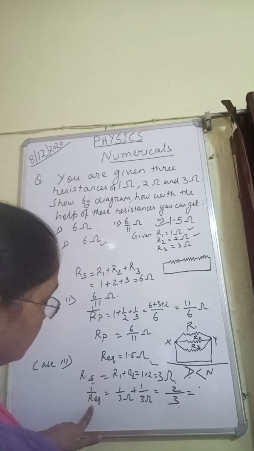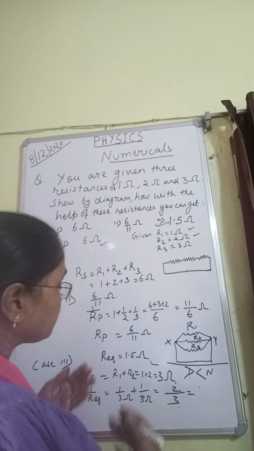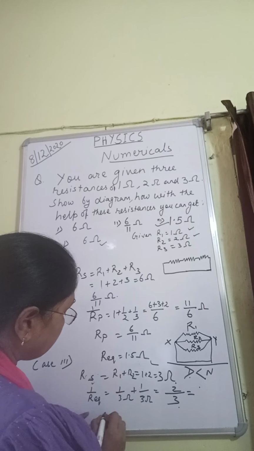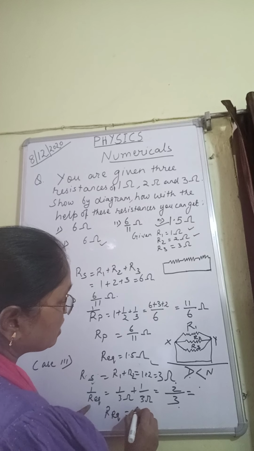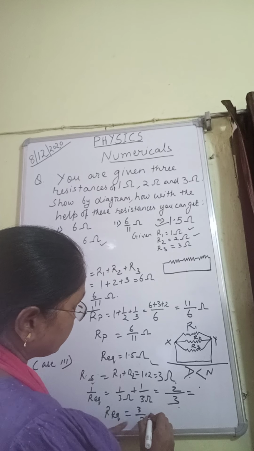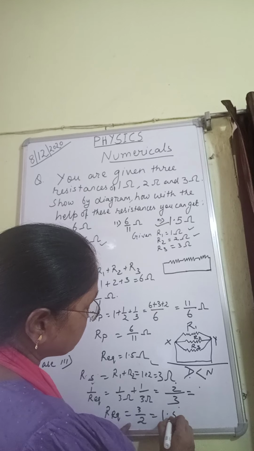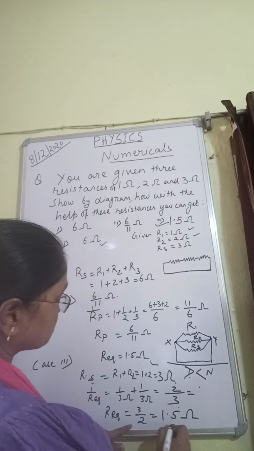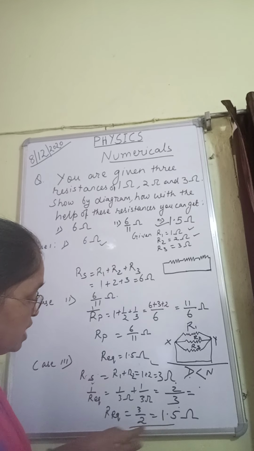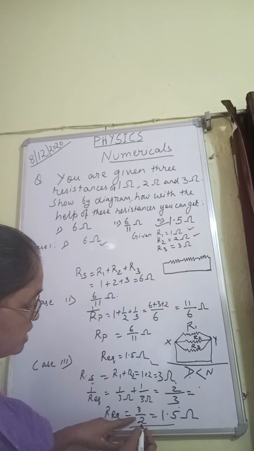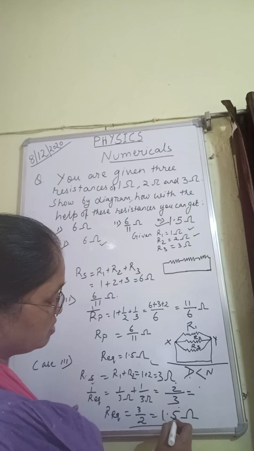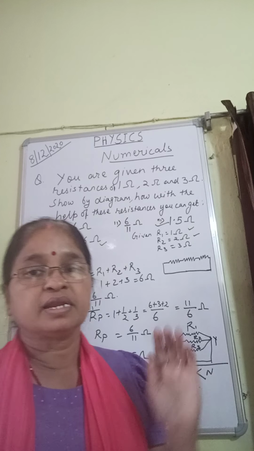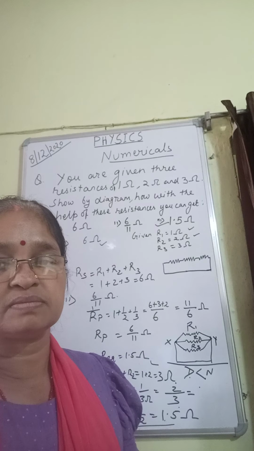It is parallel, so reverse it. By reversing, you will get R equivalent is equal to 3 by 2, that is 1.5 ohm. So the answer we have got is 1.5 ohm. See students, the denominator is less, 2, and the numerator is greater, and so the answer is 1.5 ohm. Let us see the next question.